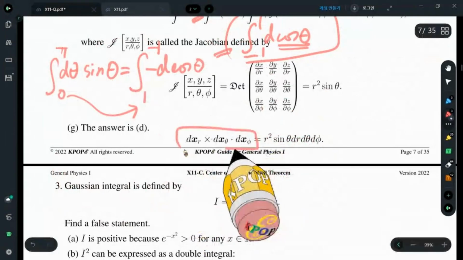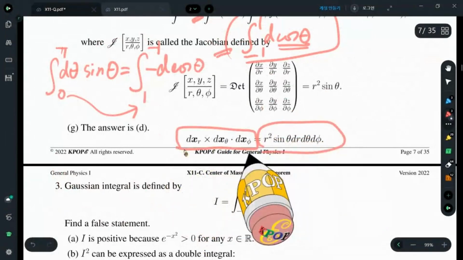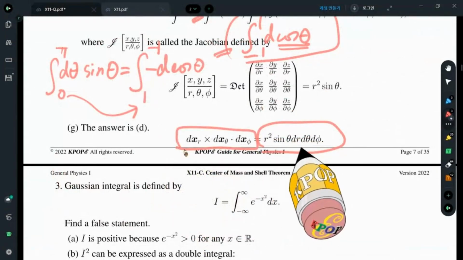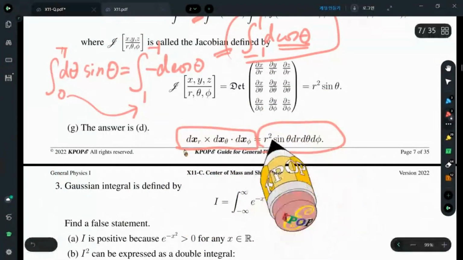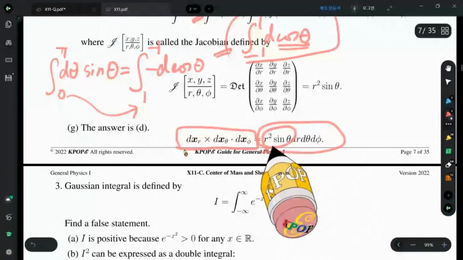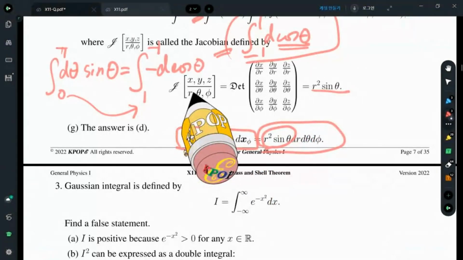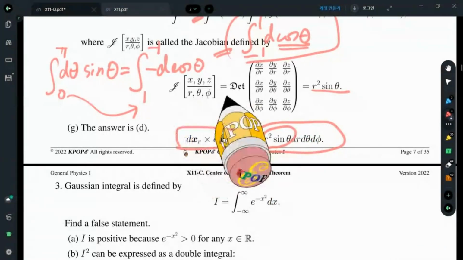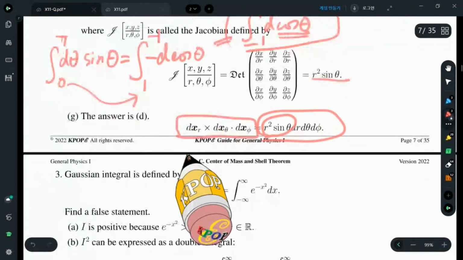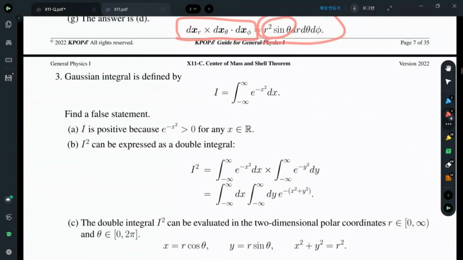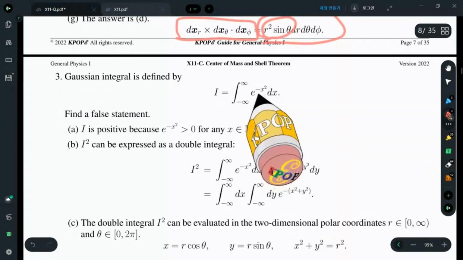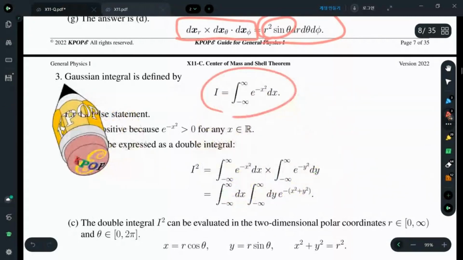Anyway, the three-dimensional volume in the three-dimensional polar coordinate system is always represented by this, and you will find that this r squared sine theta is the Jacobian from the Cartesian coordinate system to the polar coordinate system. We have this integral, called the Gaussian integral.